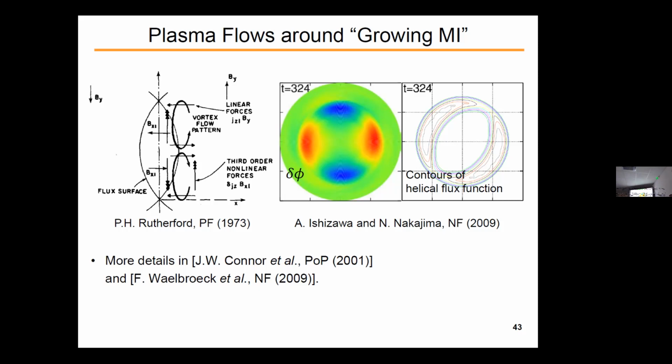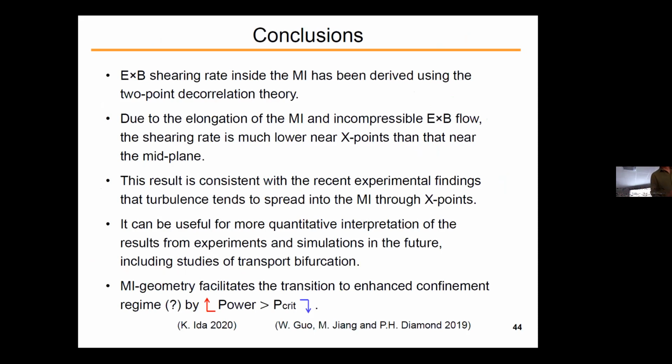From Paul Rutherford we learned that the flow pattern around the slowly growing magnetic island should look like this, and of course many fluid simulations and also some analytic calculations confirm this when the magnetic island grows. And I now recall Dominic suggested something last year. I printed out that paper, but somehow never had time to get into it.